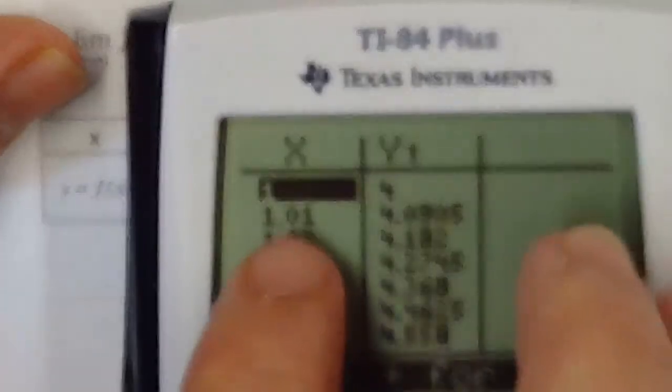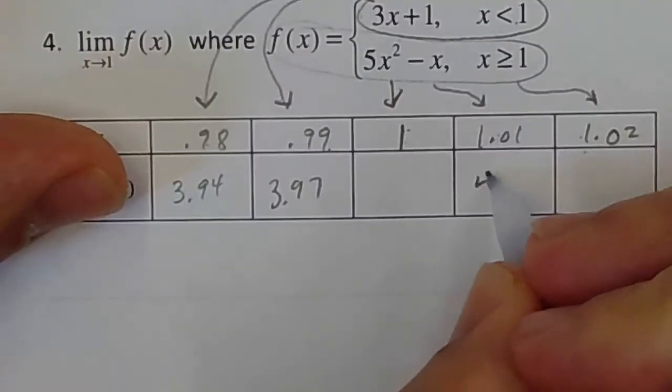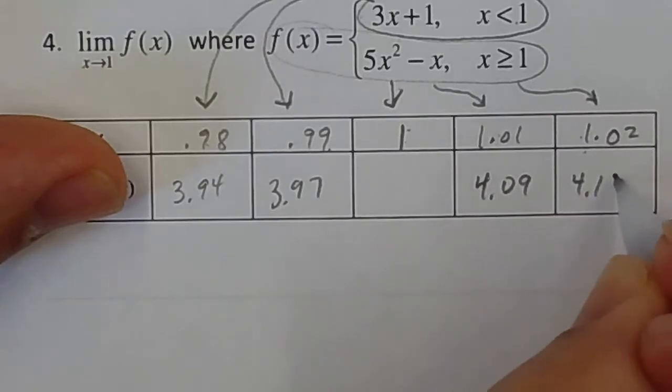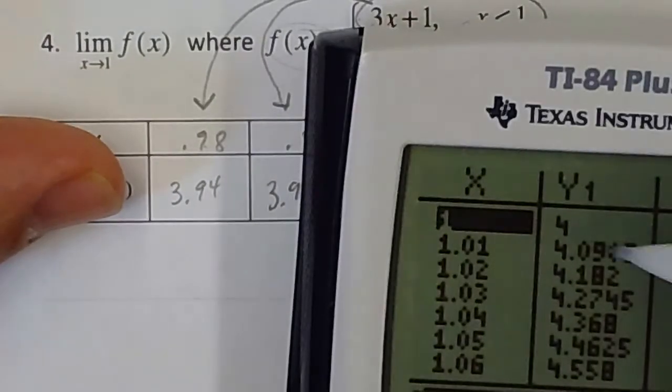And here I have an easy way to quickly identify these. At 1.01, there's my answer, 4.09 and 4.182. So I'm going to write those down. 4.09, 4.182. And actually at 1, it's not undefined this time. It was 4. So I can throw that in there too.